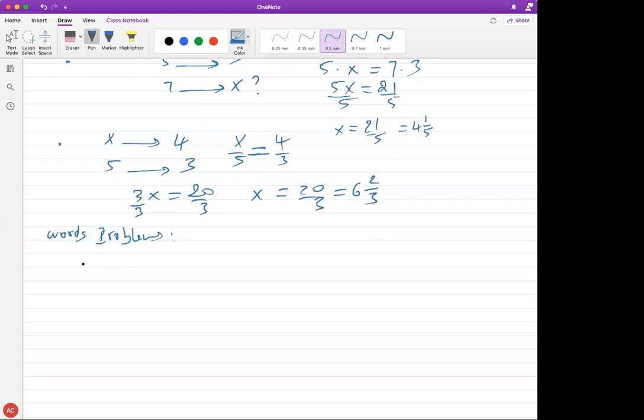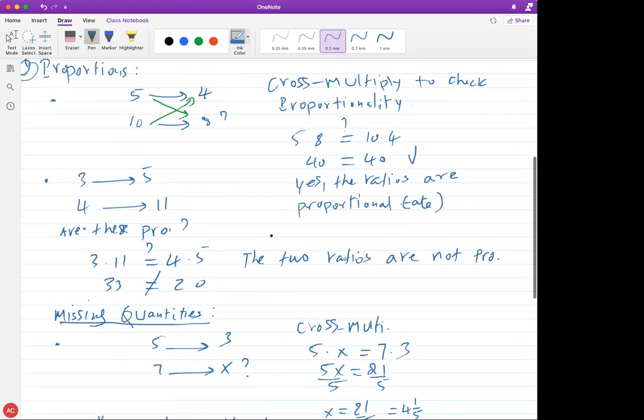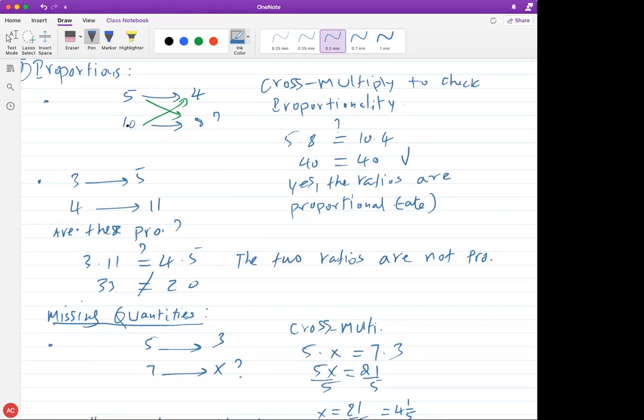There's a common one, say, if 4 items cost $11. So the numbers are not always convenient, like this 5 to 4, 10 to 8.